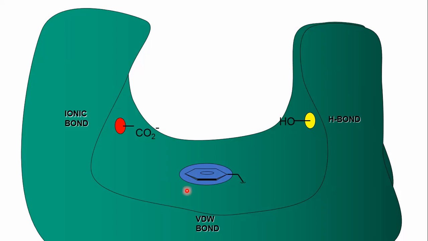Here, here, and here. That resembles the characteristics of a lock. And your key cannot be too small. Otherwise, it won't fit well to the lock. Okay? Similarly, your small molecule cannot be too small. Otherwise, it won't interact well with the protein.